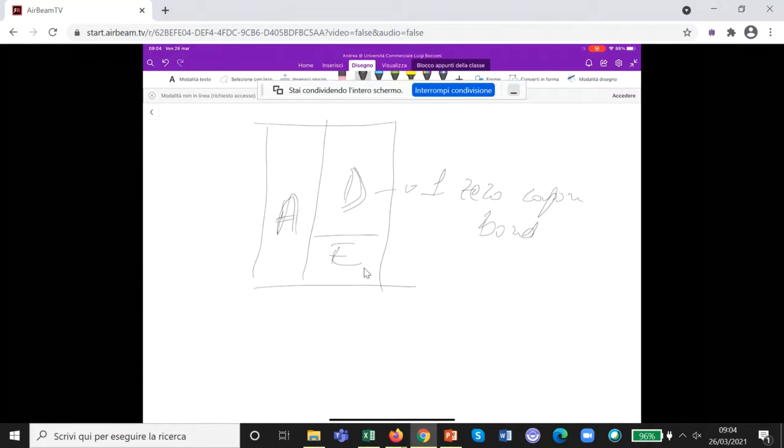Assets in the Merton model, pay attention, are not accounting assets. We're talking about the market value of assets. And the market value of assets is basically the present value of the future cash flows that are going to be produced by the company. Debt is the face value of debt.